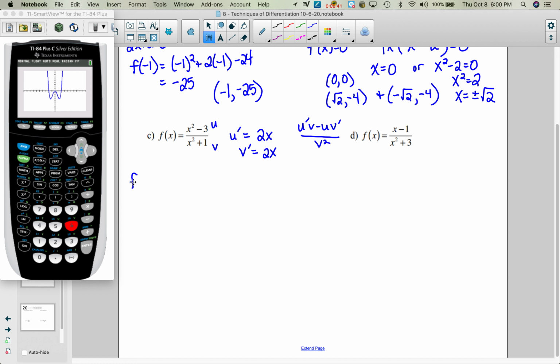So we're going to get the derivative by taking u prime v. So we're going to have 2x times x squared plus 1 minus uv prime. So let's see, v prime is 2x. I'm going to put that first. And then u, x squared minus 3, just so that when I distribute, it's what we're used to, over v squared.